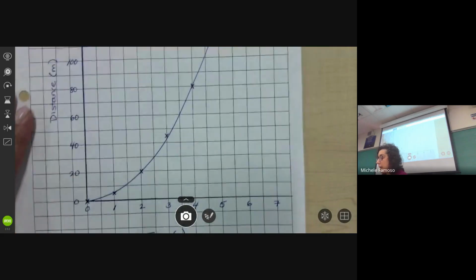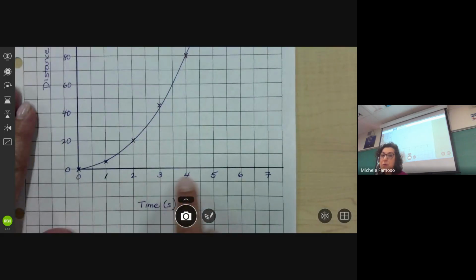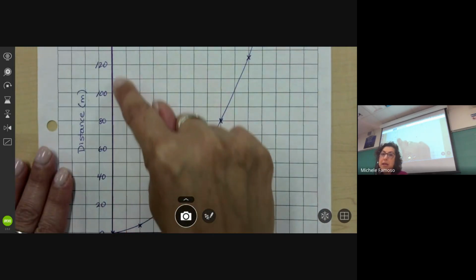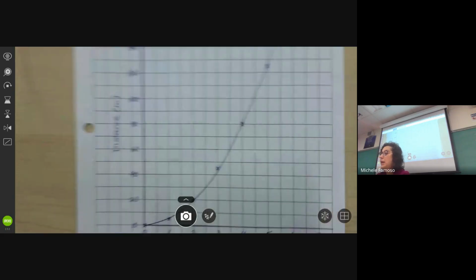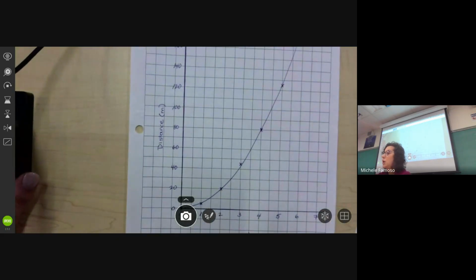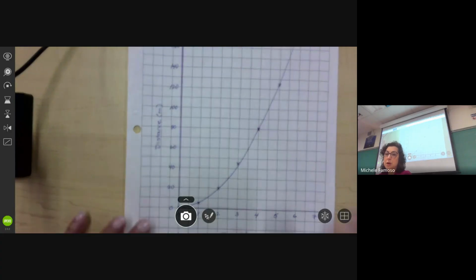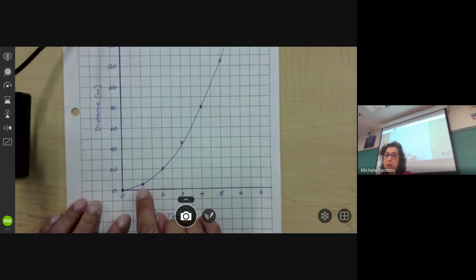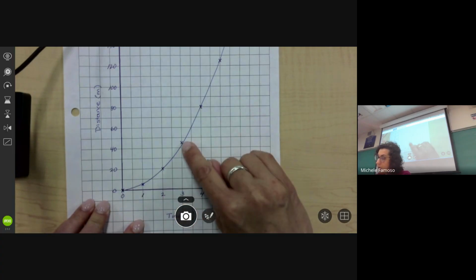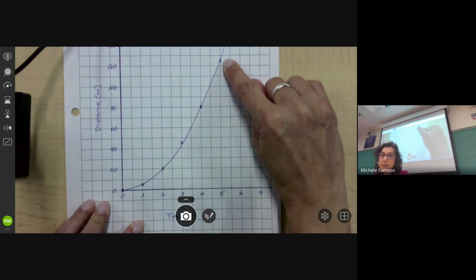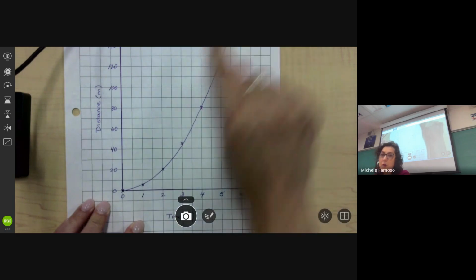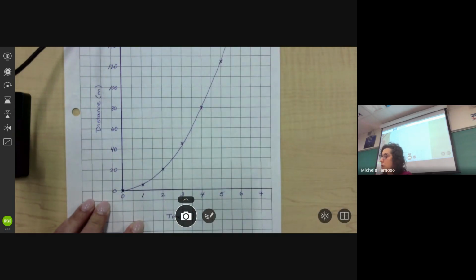And then, again, I'm looking for uniform scaling on the x-axis and uniform scaling on the y-axis. Exactly what that scaling is depends on how many grids you have and so forth. Then I'm going to be checking all your data points. There should be 1, 2, 3, 4, 5, 6 of them. And then a nice smooth curve that goes up like that. Any questions on graph 2?